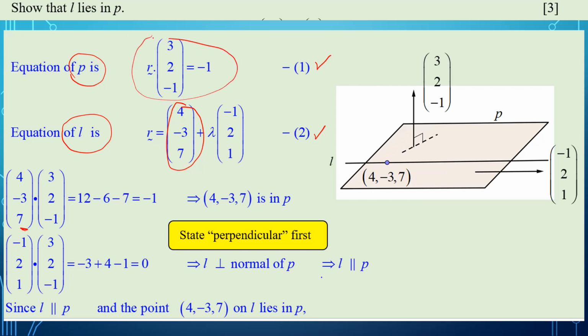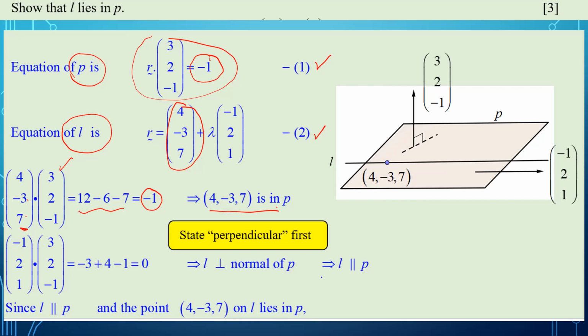The left hand side becomes (4, -3, 7) dot (3, 2, -1). Running through the mathematics, the result is -1, which is consistent with the right hand side of equation 1. With that, you conclude that (4, -3, 7) is on the line L and also on the plane P.